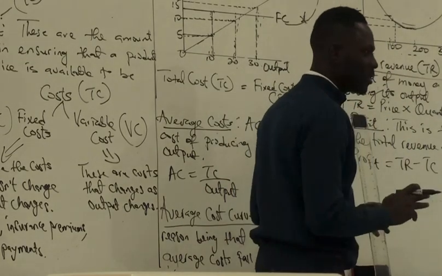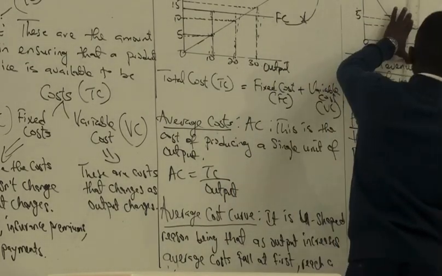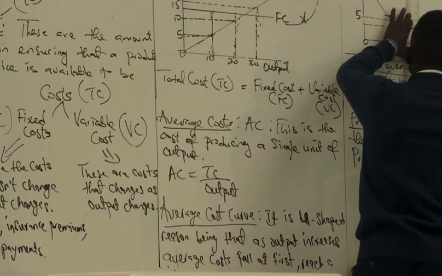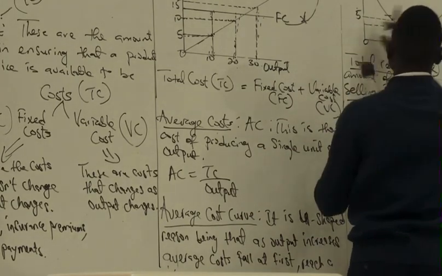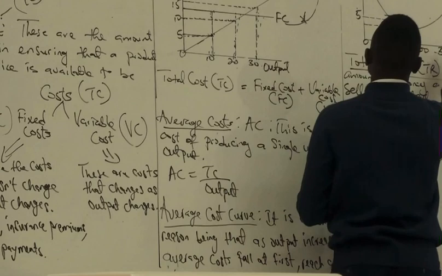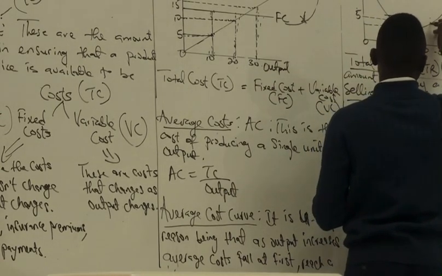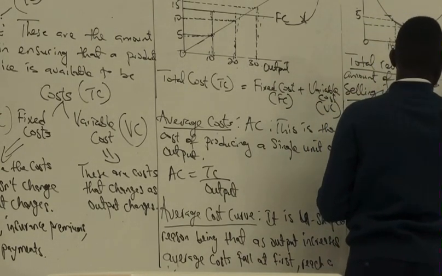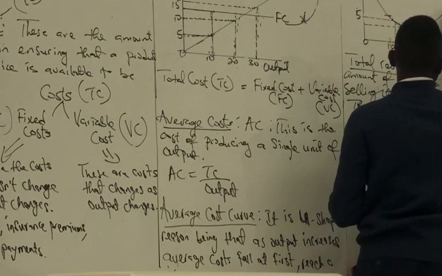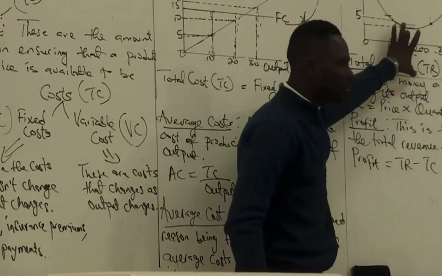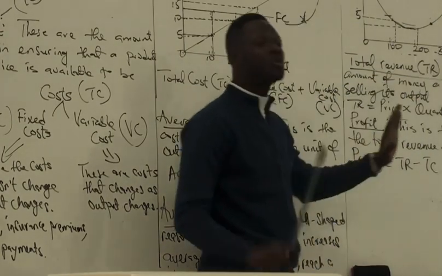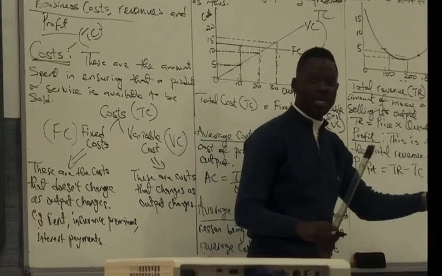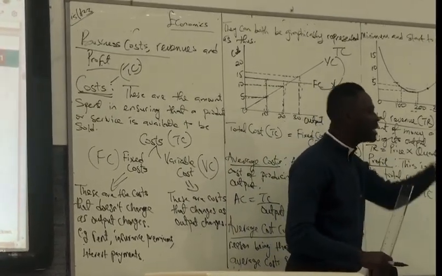Yes or no? Yes. To 200, the average cost fell less than 5. As it increases, the average cost starts again from here. Then, if it increases to 400, the average cost will be around here. So, it reaches a minimum where the average cost will stay. Then, when you increase further, your average cost will start increasing.